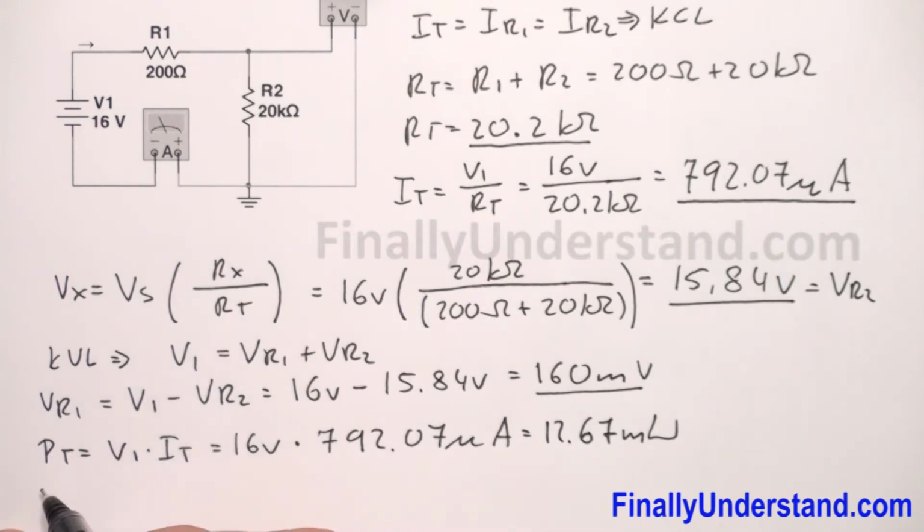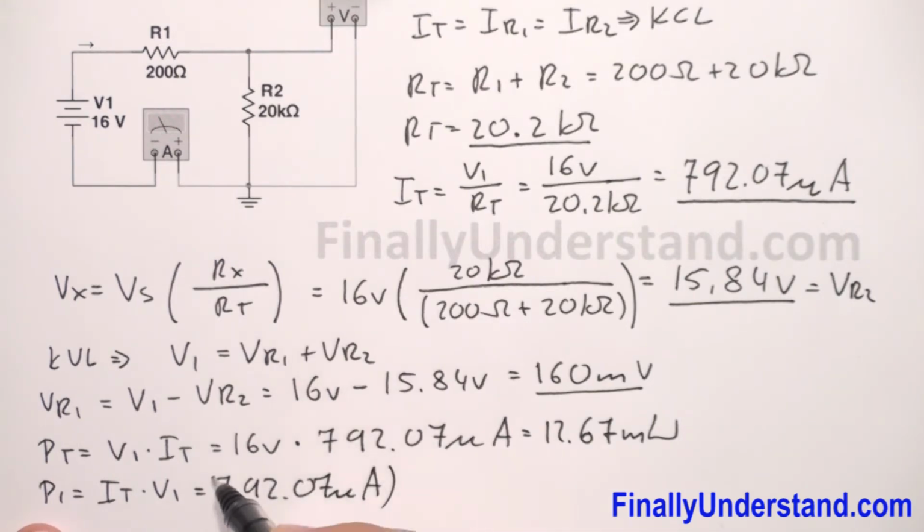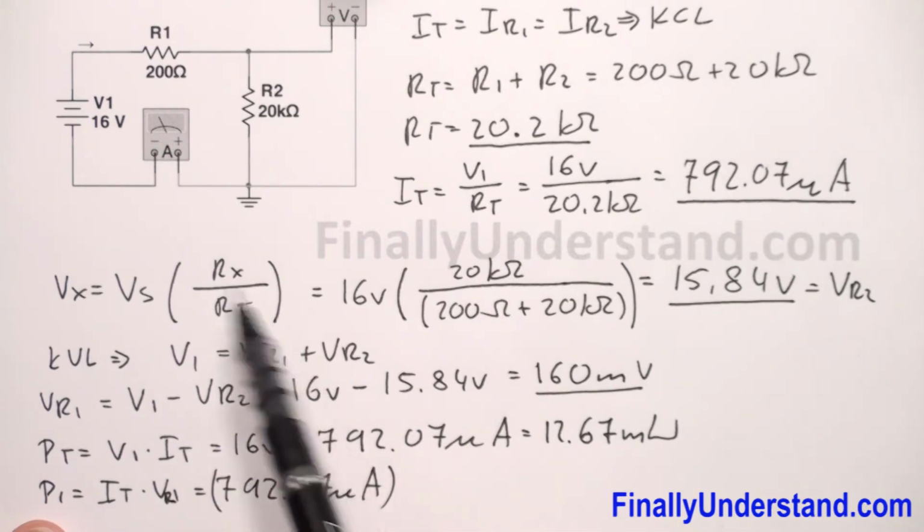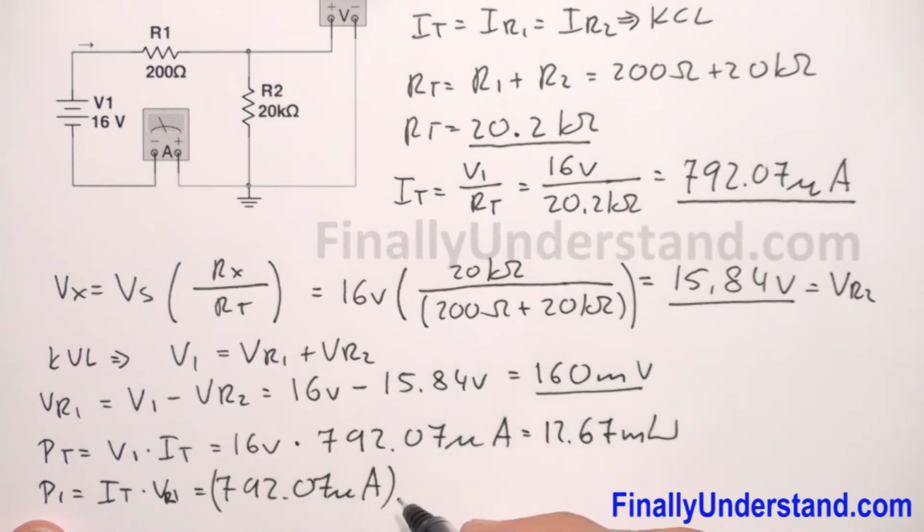Of course, we can find power P1. P1 is equal to I total times VR1. Sorry, this is VR1, not V1; V1 is my voltage source. So I have I total, 792.07 microamps, times VR1, which we found is 160 millivolts.